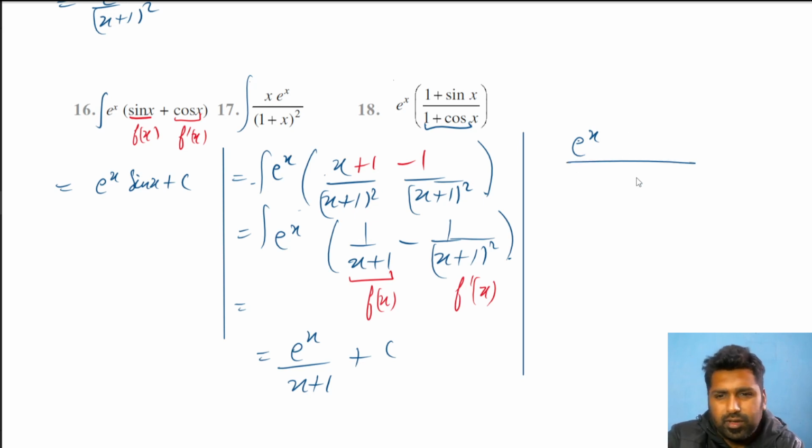I think we are at the end of indefinite integral, so you should be knowing this. Trigonometry, we have done a lot of questions based on this. 1 plus cos is 2 cos square half of the angle.